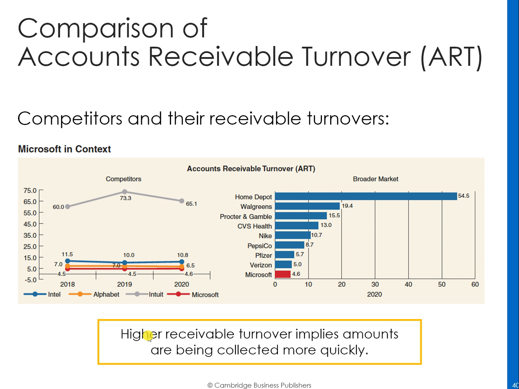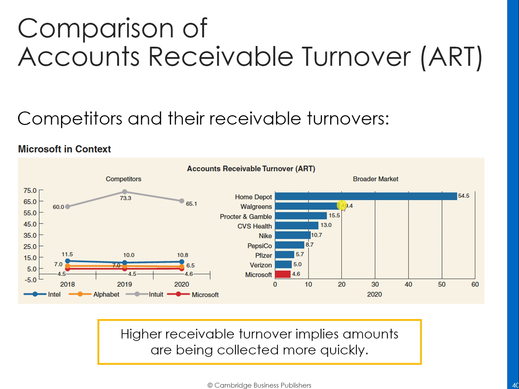So here we have comparisons among various companies, although I won't call them competitors because they may have different business models. The high receivable turnover implies amounts are collected more quickly. I think Walgreens and CVS can be comparables.